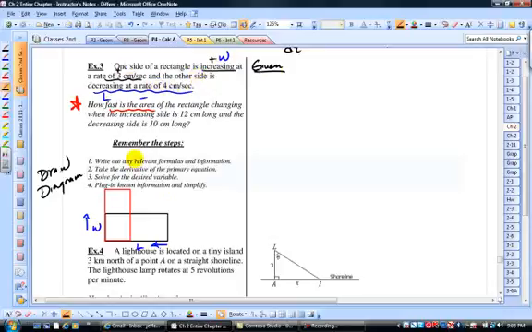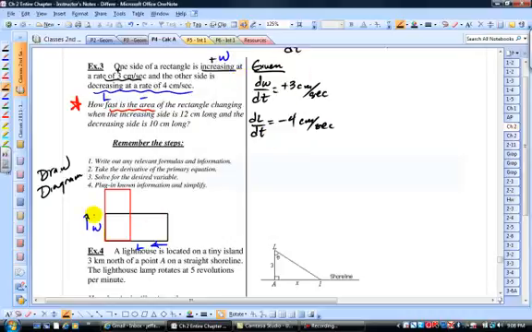Since the width is increasing, the change in the width over time, call it dW dt, is equal to 3 centimeters per second, and that's positive, so I'm going to put a plus there, just to make sure that you understand that since it's an increasing value, it's a positive rate. And since the length is decreasing, the change in the length over time, call it dL dt, is equal to negative 4 centimeters per second. Why? Because it's decreasing.